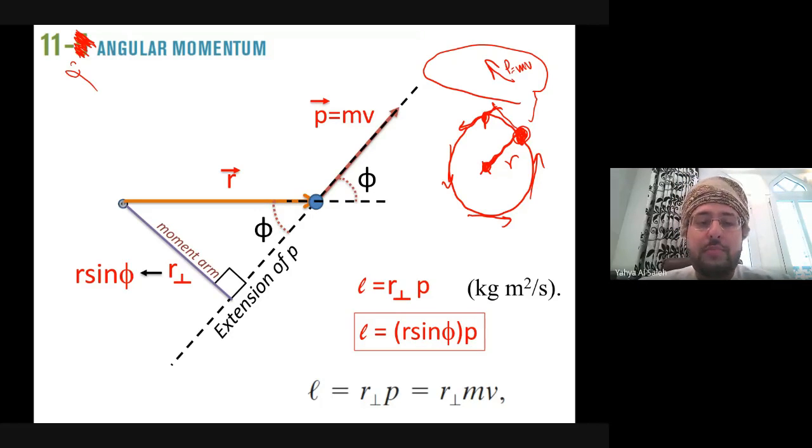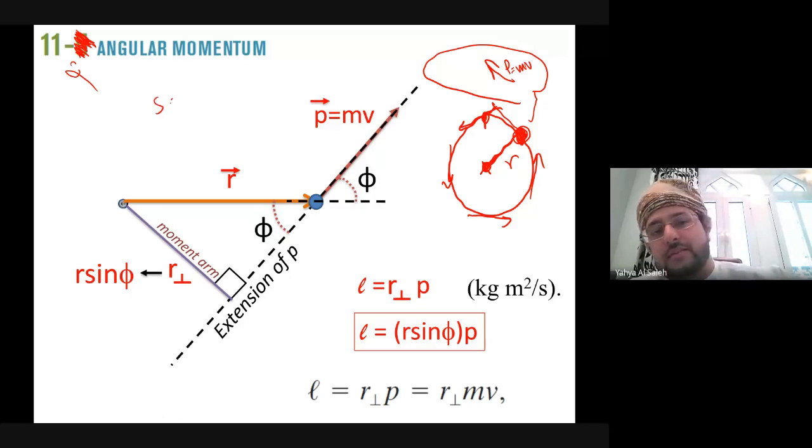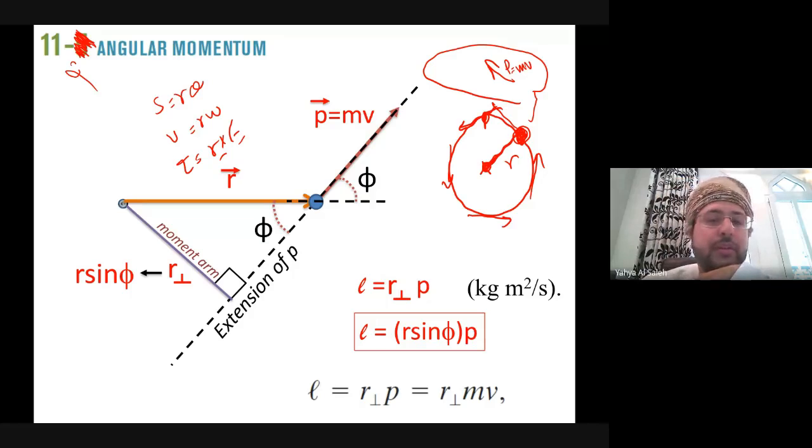We are going to end up with an angular momentum, which translates our translational momentum into angular momentum. What do you think that would look like, given all the translation rules we have? So we have done S equals R theta. We have done V equals R omega. We have done torque equals R cross F. What do you think our angular momentum is going to be?